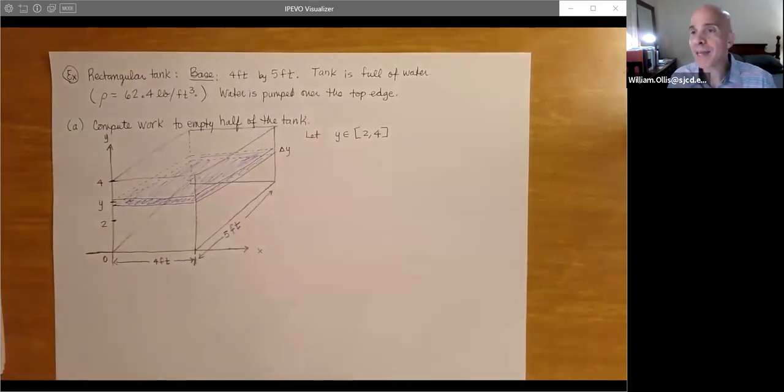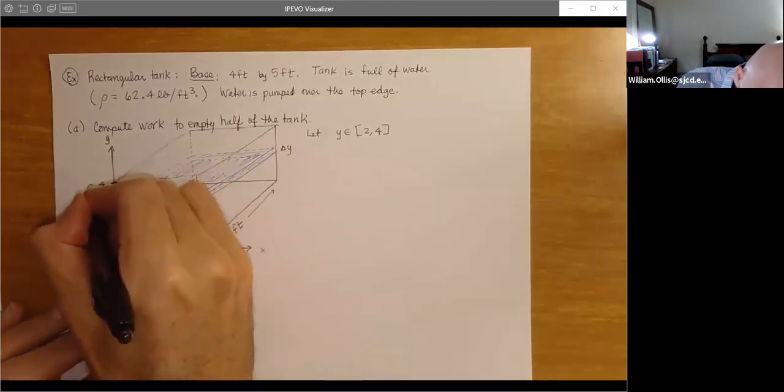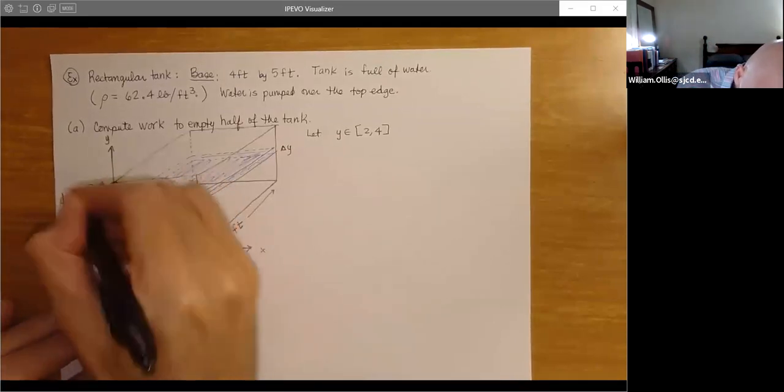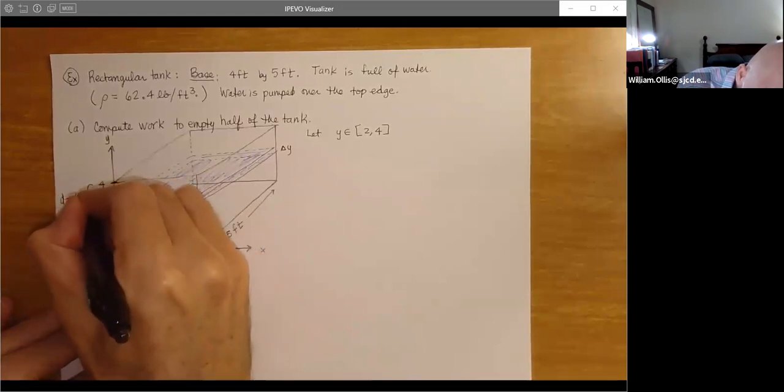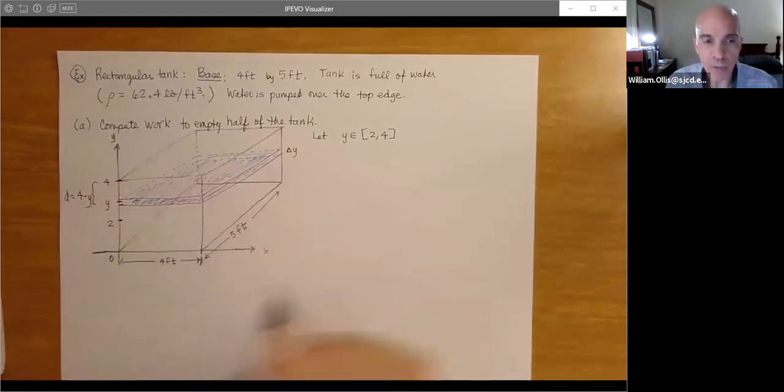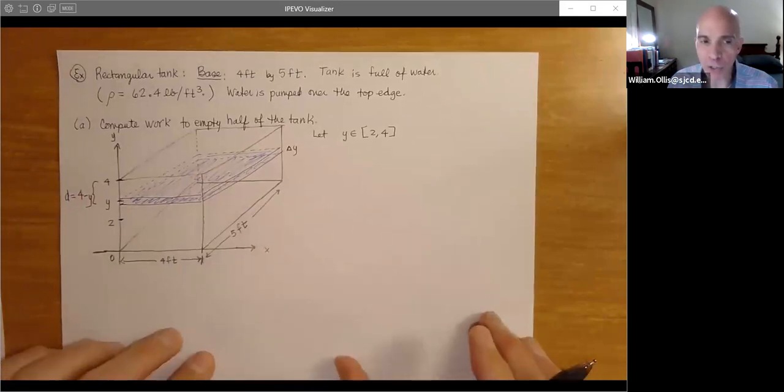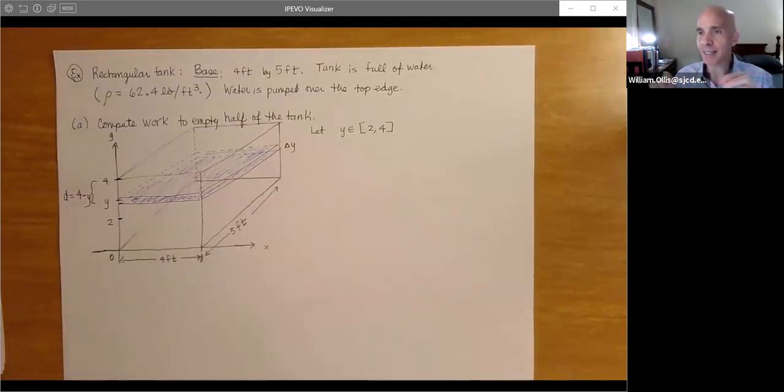So when we think about moving this slab of water for a particular subinterval in the partition, we've got to move it a distance. And so we can mark off the distance here, which will be d equals 4 minus y, just like we're doing the arc length problems or the shell method, where we're having to write down distances like the length of the strip or the distance to the axis of revolution. All these kinds of arguments and techniques we do here. So that should be something that you're familiar with.